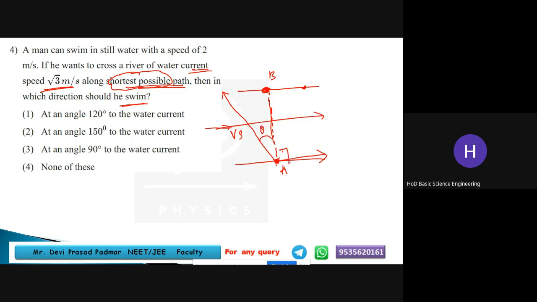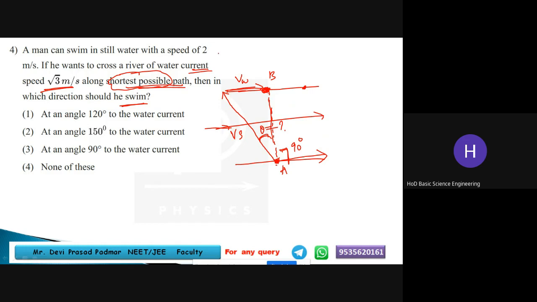This other angle is 90 degree. Now you have to calculate that theta value. This direction is nothing but the direction of the water current.